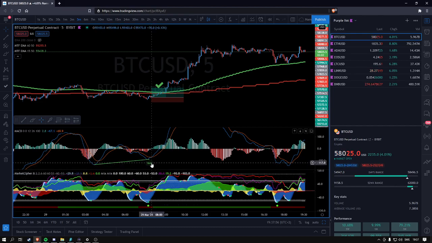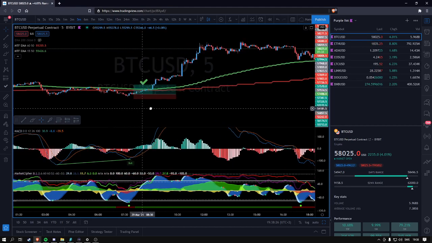So confirmation 1, confirmation 2, and confirmation 3. And a good thing to note is that confirmation 3 differs. It's not always the same. Confirmation 3 is basically you looking for bullish indications on market cipher B. In this case, it was a money flow. Money flow is a very good indicator.